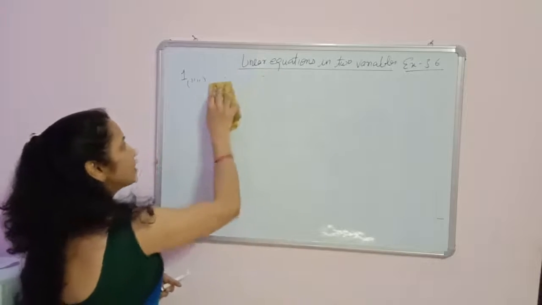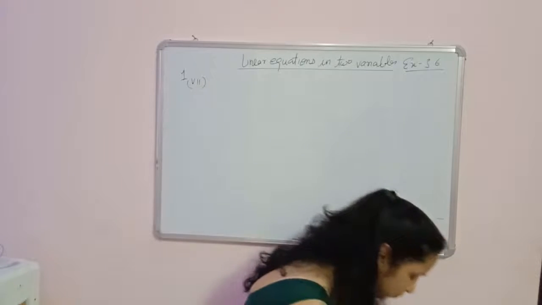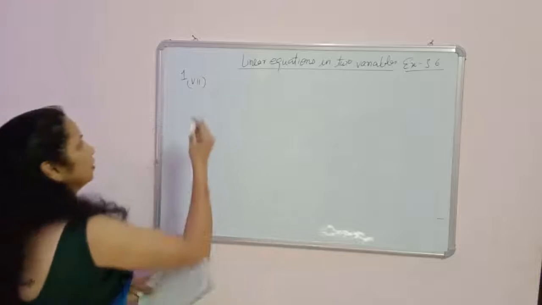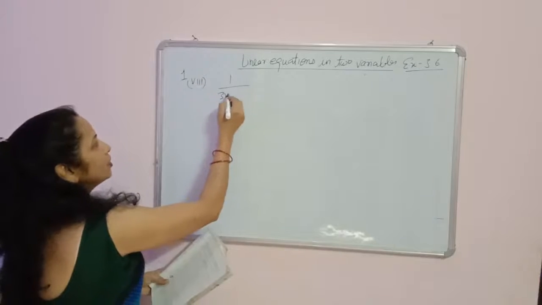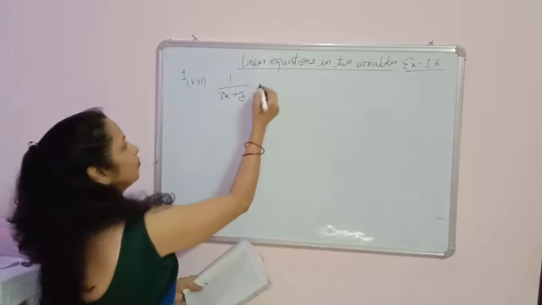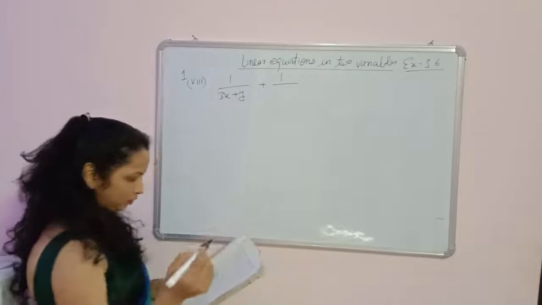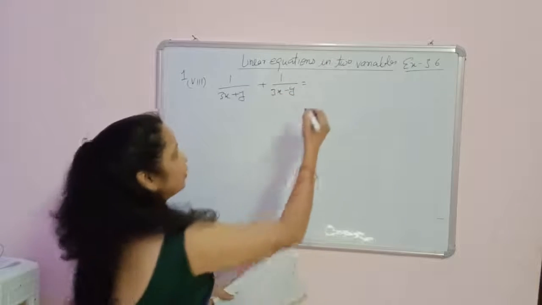Now the last part of first question, part 8. It looked hard, so I am doing this question for you. 1 upon 3x minus y is equal to 3 upon 4.